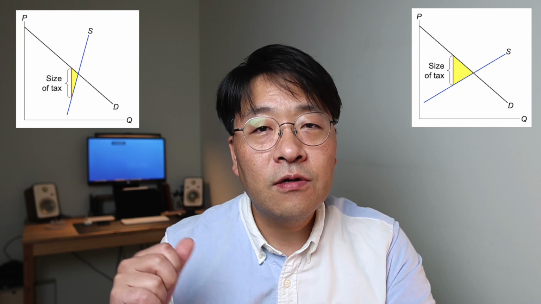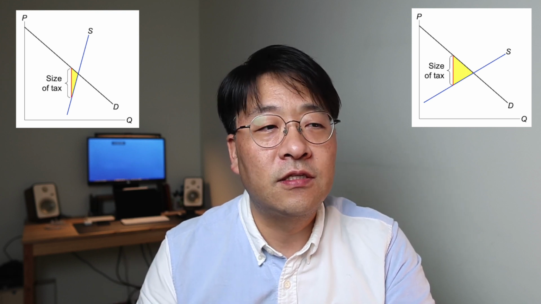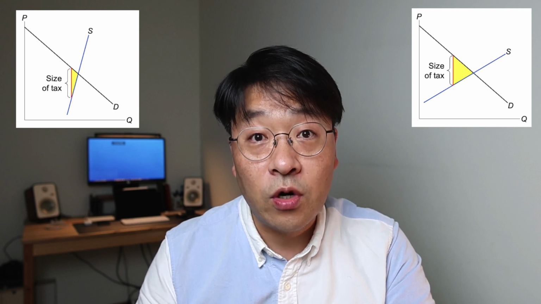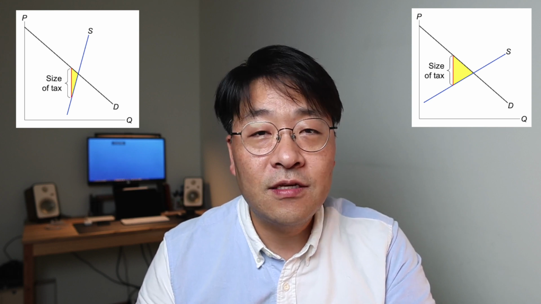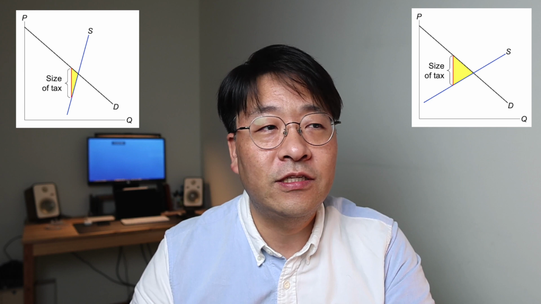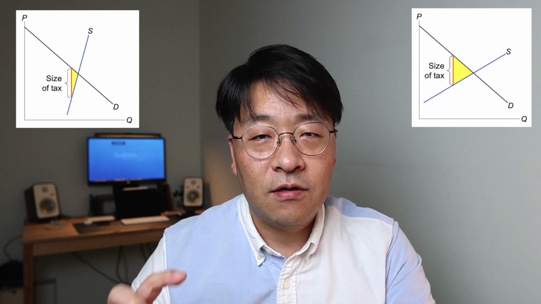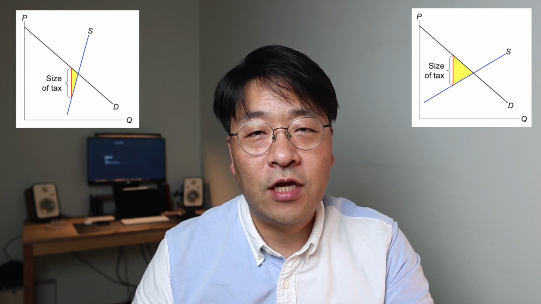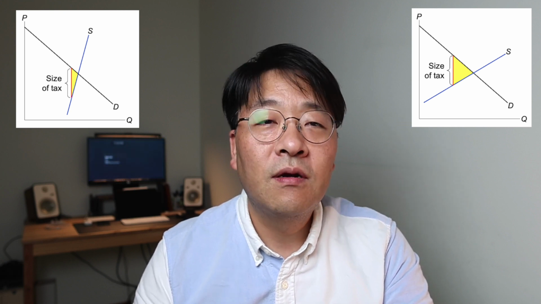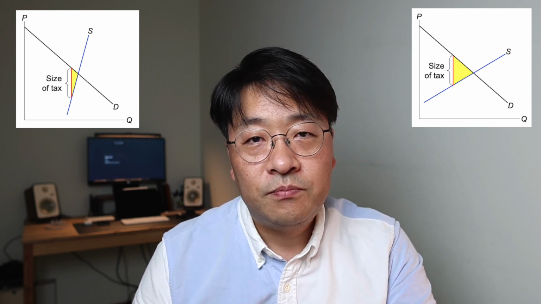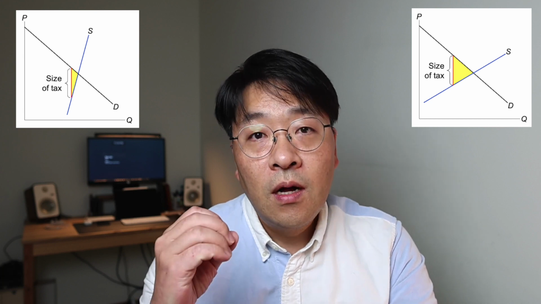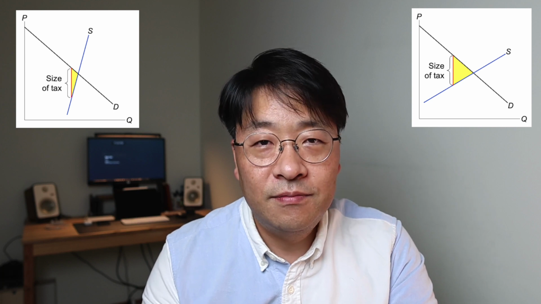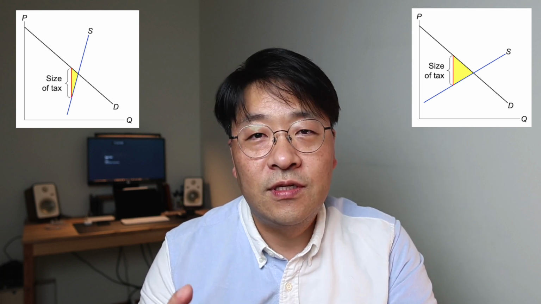In another graph, the supply curve is a little bit flatter, which is more elastic. In that case, this vertical distance is exactly the same as in the previous graph, and the yellow triangle is way bigger than the other one. So when the supply curve is more elastic, deadweight loss is higher. You can see the direct impact.